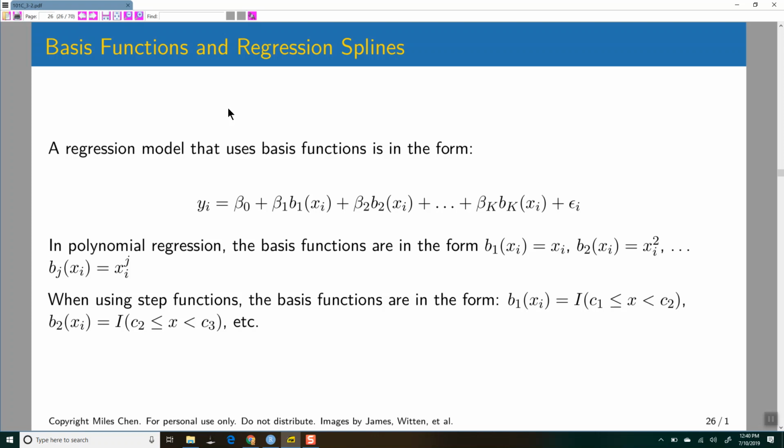But I think this is the most, I don't know about exciting as far as today's lesson goes. But now we can talk about basis functions and regression splines.